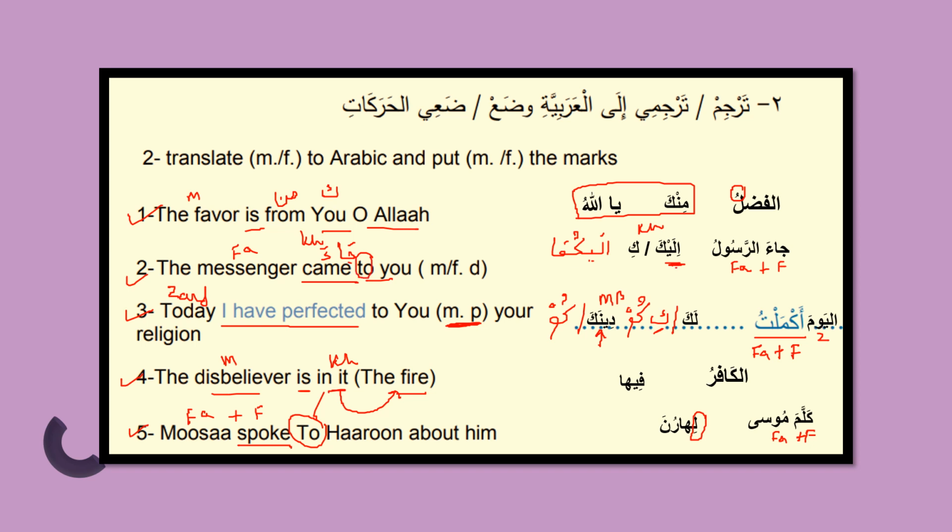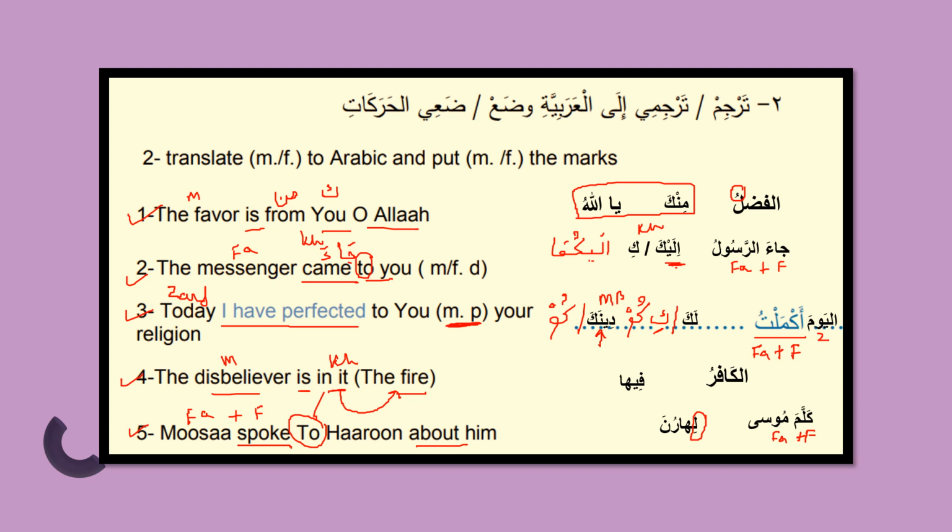Towards you means the Rasul came towards you, to you. So here li harf jar has been taken. Kallama Musa, Musa spoke to Harun. And as you know, Harun is from the Ajami names, it cannot take a kasra. That's why noon fatha. And about him. No, sorry, this is not our khabar. I'm so sorry.